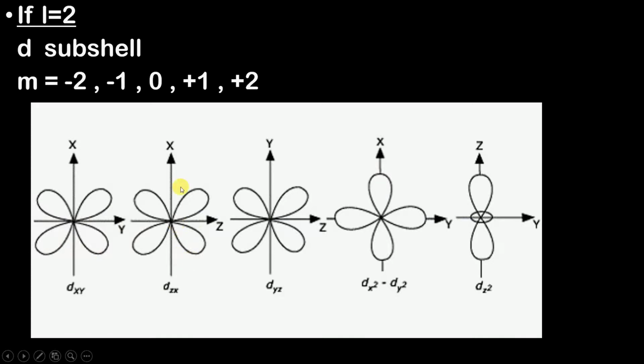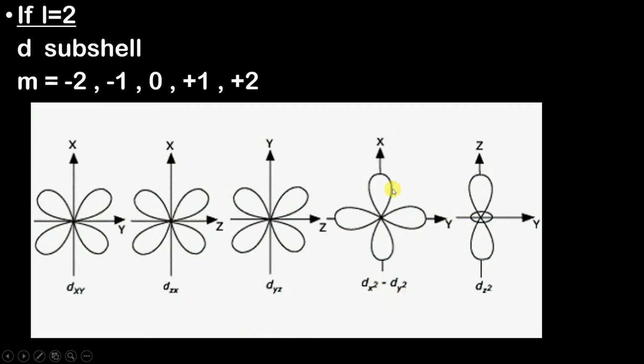Similarly, this is completely on the xz plane, therefore it is named as dzx orbital. Now since this is completely on the y and z plane, therefore it is named as dyz orbital. See, now we have understood these 3 orbitals. Now let us understand why it is being named as dx square minus dy square orbital.